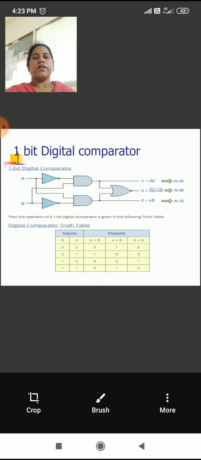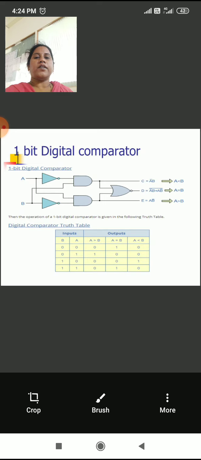Whatever the outputs of the NOT gates are, these are one of the two inputs of the AND gates, with a cross connection, and the outputs of the AND gates are given to the two inputs of a XOR gate.